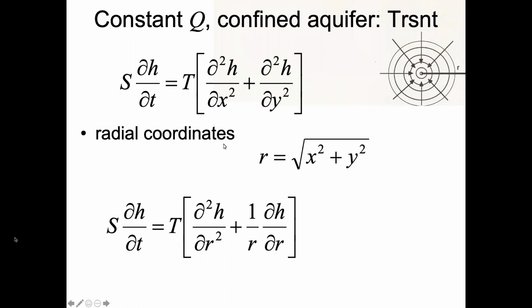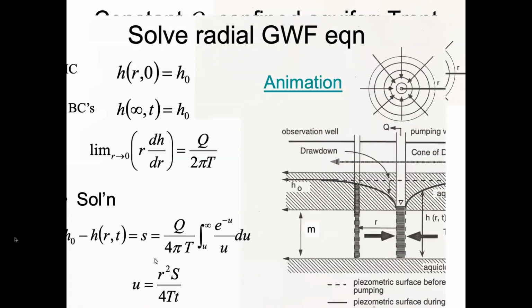But when we think about pumping tests, right, we're thinking about this, especially in homogeneous isotropic systems, can be represented by a circle or the radius of a system. And so instead we can use radial coordinates. And we can plug those radial coordinates in because X and Y would be relatively the same in this system. And we can come up with this solution here.